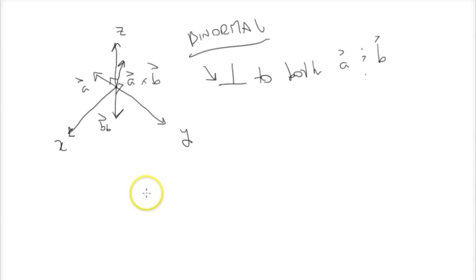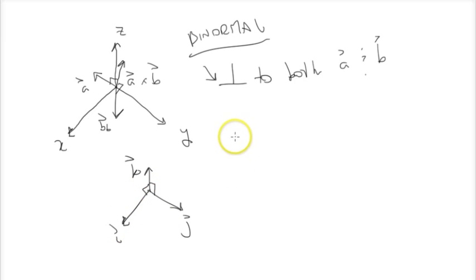First, if we map out our axes right here and the corresponding standard basis vectors, we've got the i, j, and the k. And if you look at this, the k vector is perpendicular to both the i and the j vector, the j vector is perpendicular to i and k, and the i vector is perpendicular to both j and k.